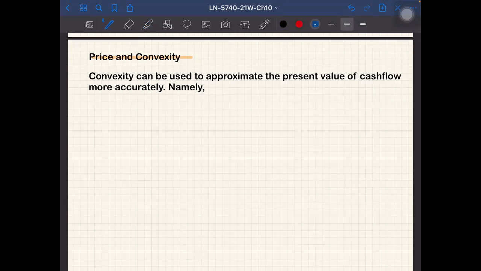So we have the price P. Suppose the interest rate is i, then the present value is P of i. And if i changes by delta, P of i plus delta is equal to P of i, plus the first derivative of P with respect to i times the change amount delta.